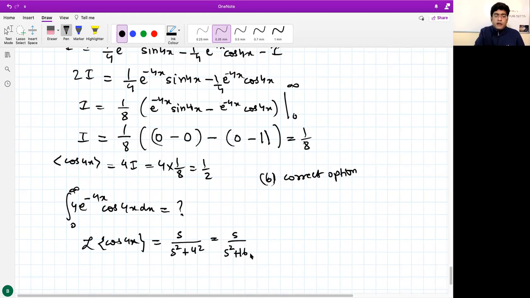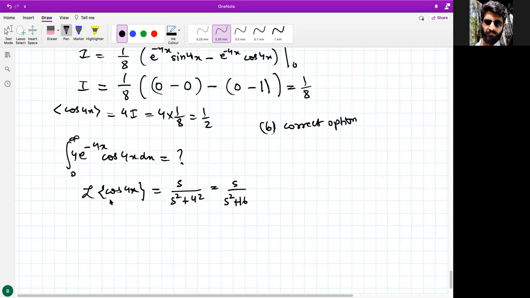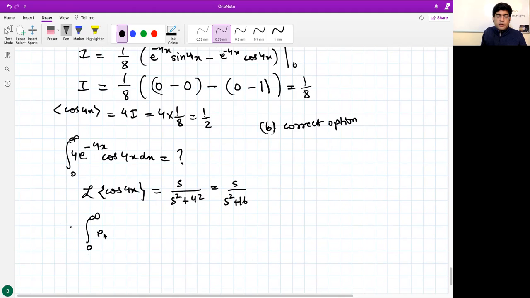This is s by s square plus 16. Now this is a function of s, right? Now in this case, this is equivalent to writing, let's calculate this quantity, 4x cos 4x. This is kind of s here, and this is a.